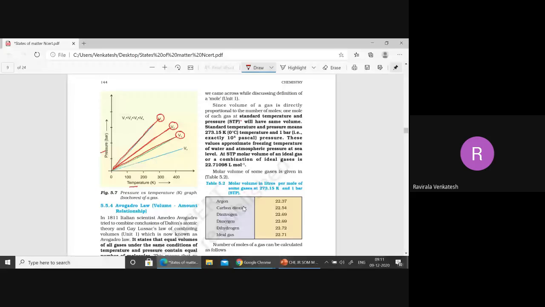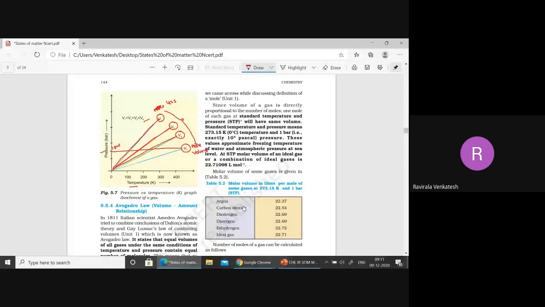So for V1, V2, V3, as the volume increases, you get a graph like this. At more volume, the pressure you get is low.